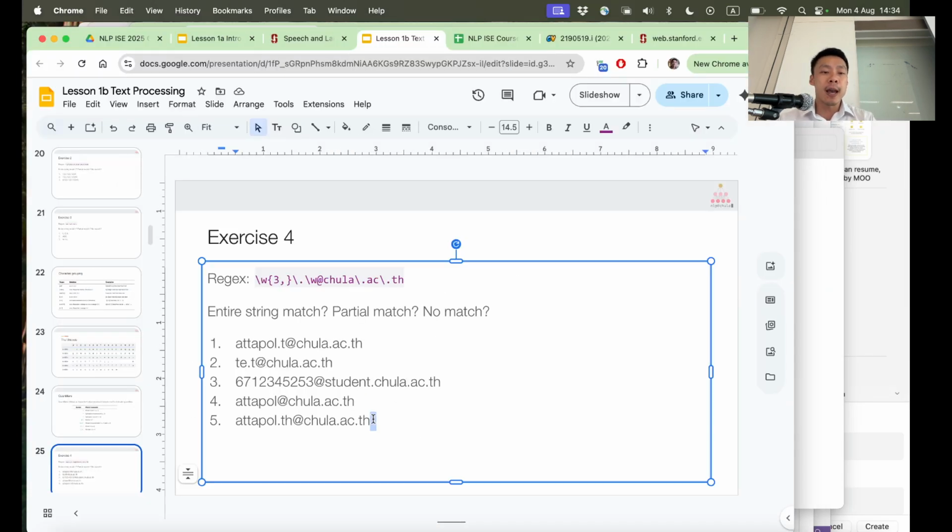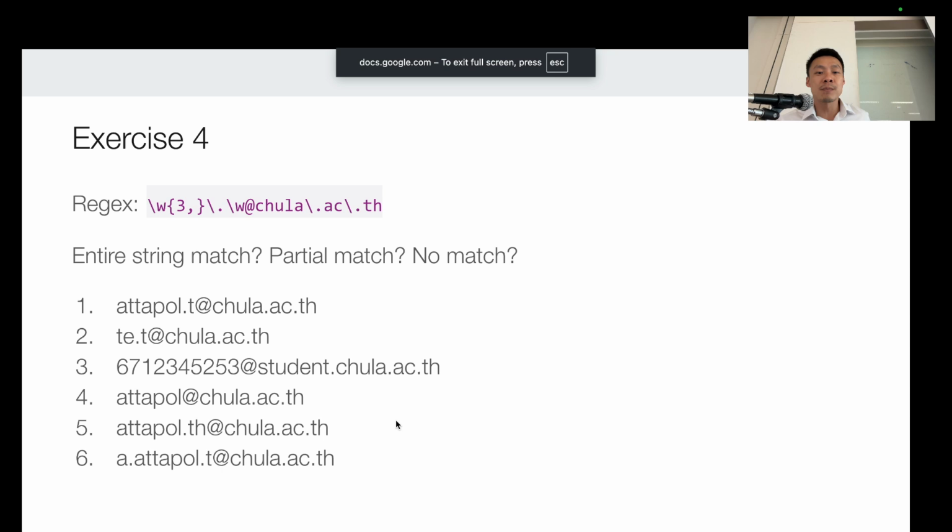So if I have something like this, say, all right, okay, let's look at the new one.